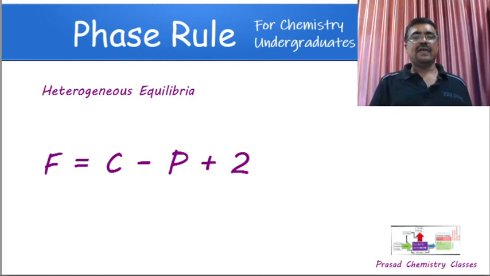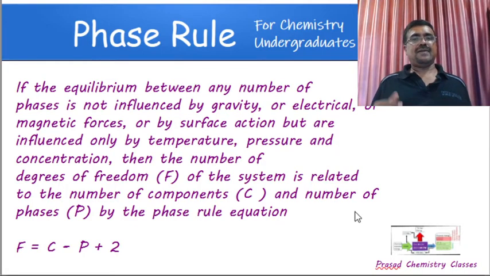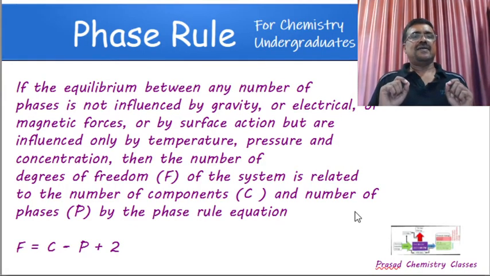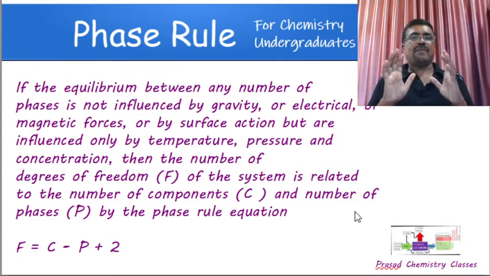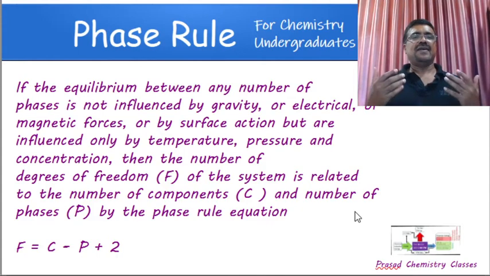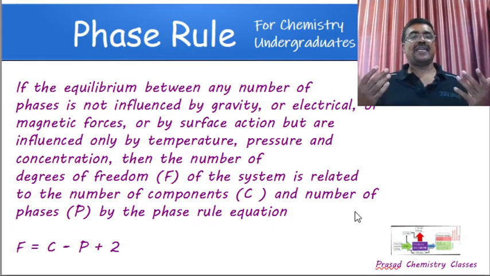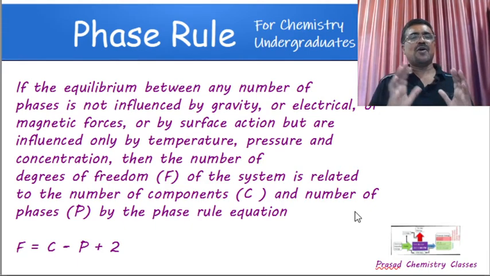Now we can see the different aspects of the phase rule. This phase rule is strictly applicable only if certain conditions are satisfied. Equilibrium between any number of phases, and it should not be influenced by gravity, electric or magnetic forces or by surface action, but influenced by temperature, pressure and composition or concentration only.